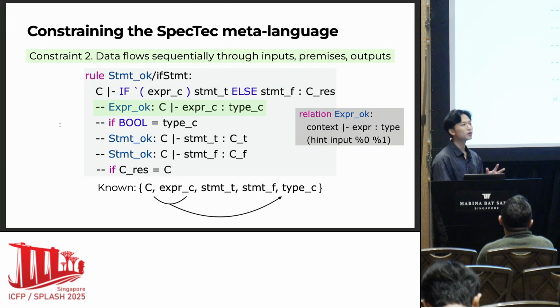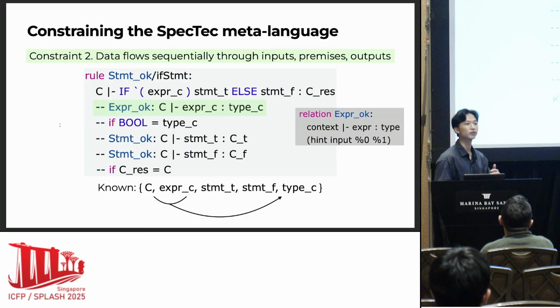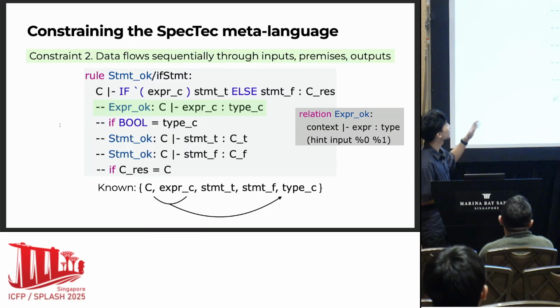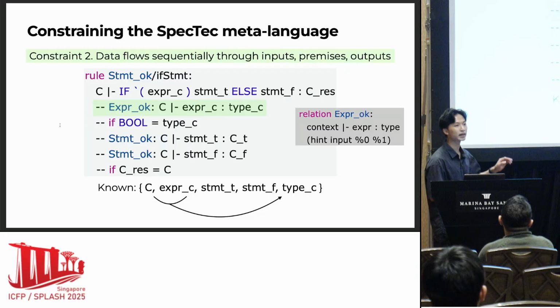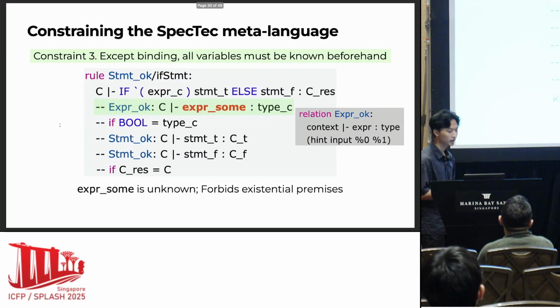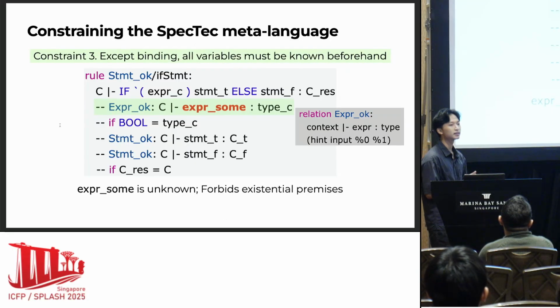And then we will check the premises in order. This is, again, a departure from general inference rules, where premises can be unordered. And in the first premise, by calling a relation expression OK, we will bind a new variable type C from the known variable C and expression C. And the next constraint is that we disallow unknown variables except for binding positions.